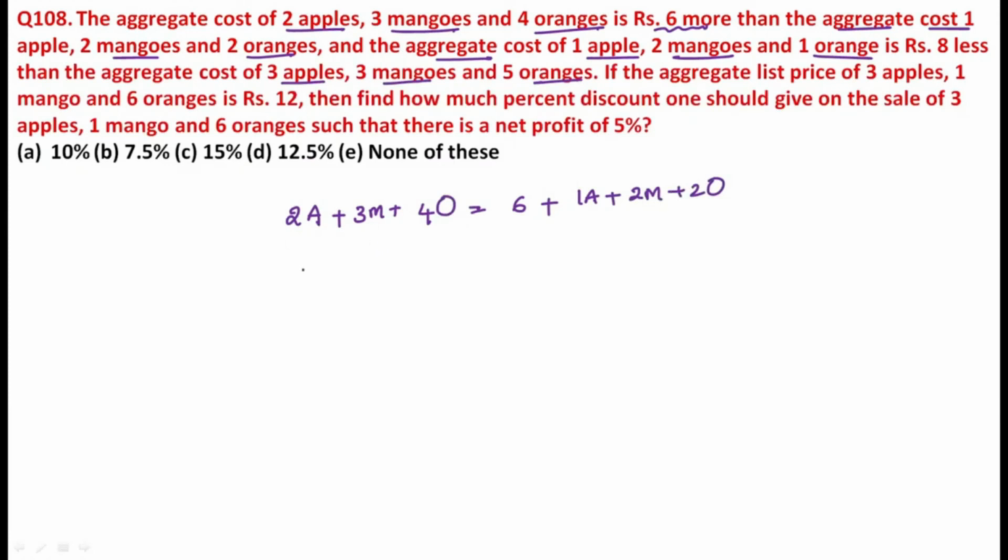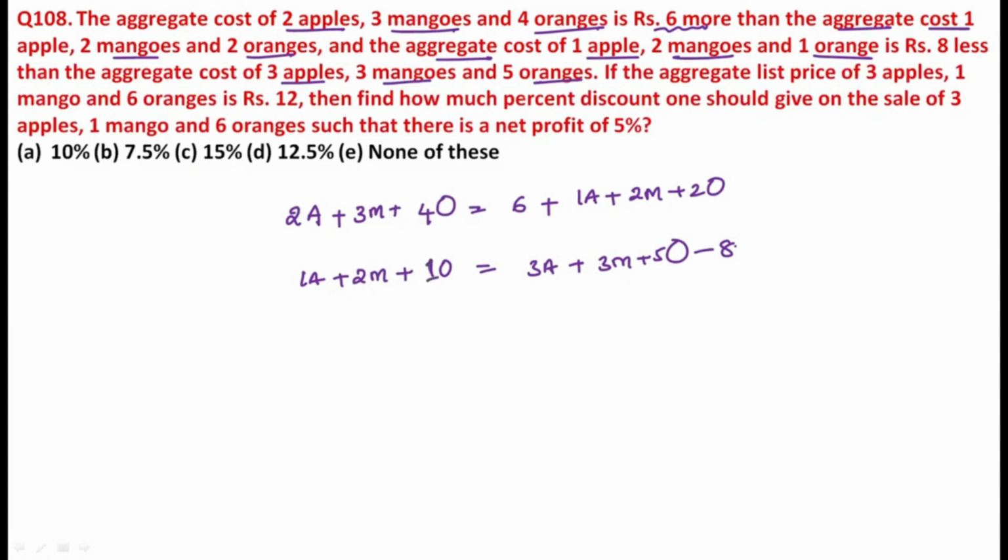Second one, 3 apples. So 1 apple, 2 mango, 1 orange is 8 rupees less than the 3 apple, 3 mango, 5 orange. 8 rupees less.